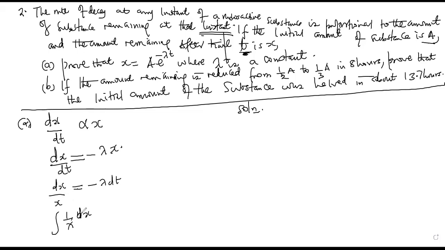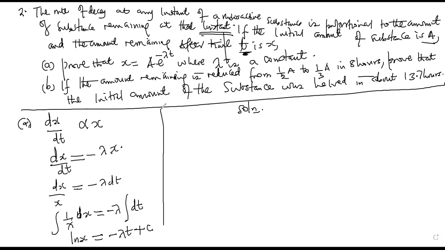I prefer this step separated, equal to negative lambda integral of dt. So when you integrate 1 over x, we shall get ln x is equal to, when you integrate dt, you'll get t, so we shall have minus lambda t, then plus a constant of integration.